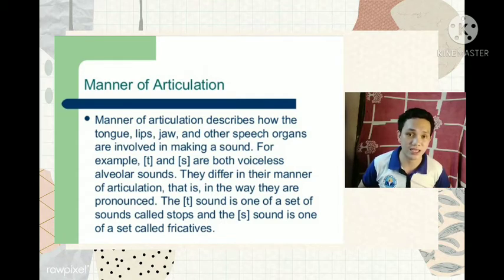T sounds like T, and S sounds like S. They differ in their manner of articulation, that is, in the way they are pronounced. The letter T is one of the set of sounds called stops, and the letter S is one of the set called fricatives.